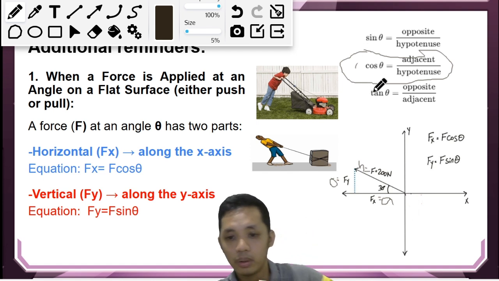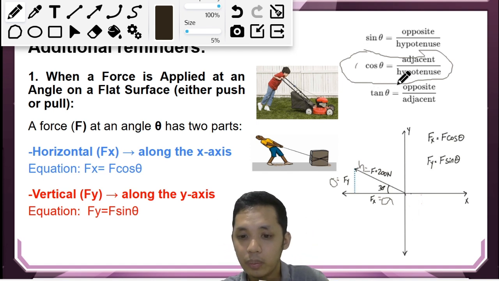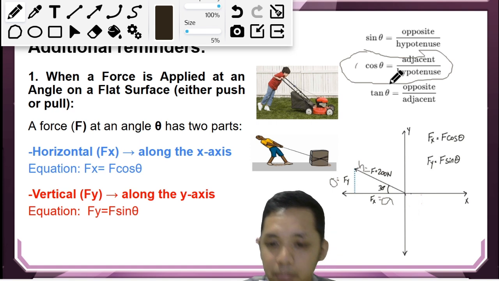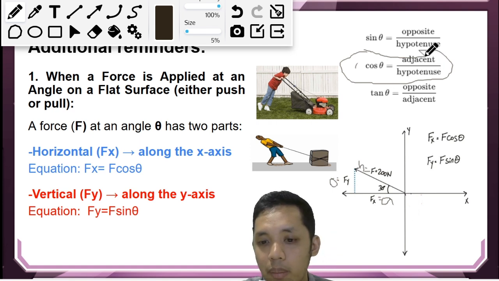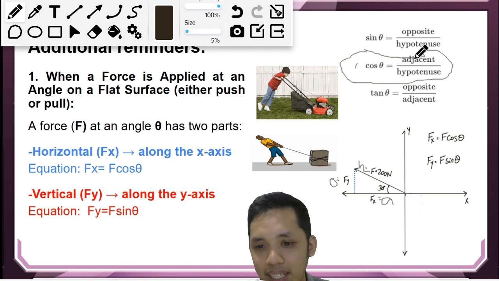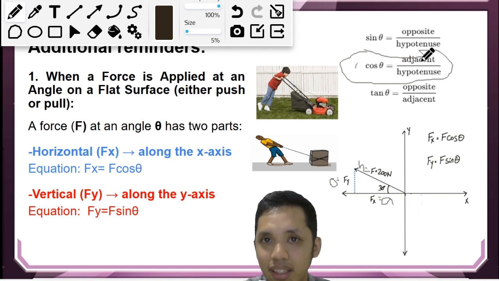Now, we need to make adjacent isolated on one side. Okay? We need to leave the adjacent side alone so that we can get its value. So, to do that, we need to make the hypotenuse be on the other side.